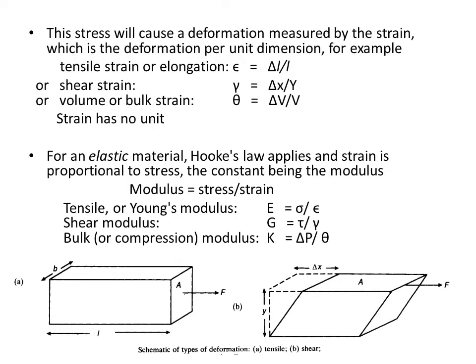And here are the various types of deformation shown over here. A is for when the stress is tensile stress, and B is for shearing stress.